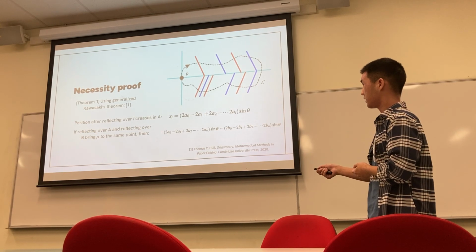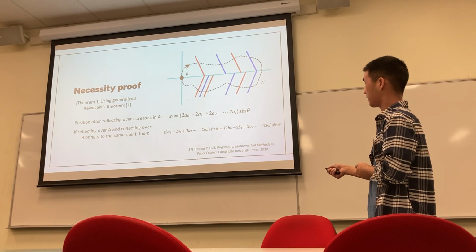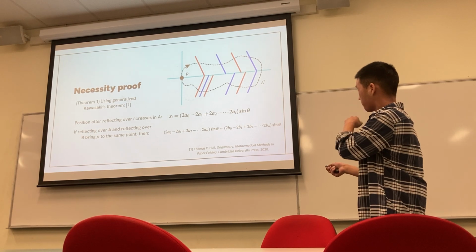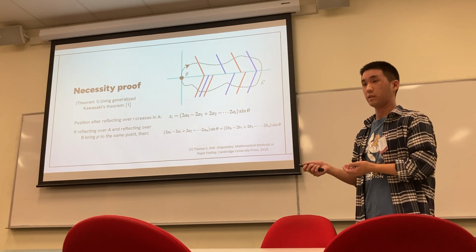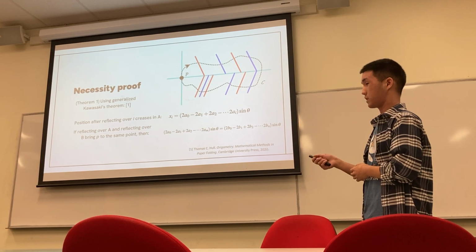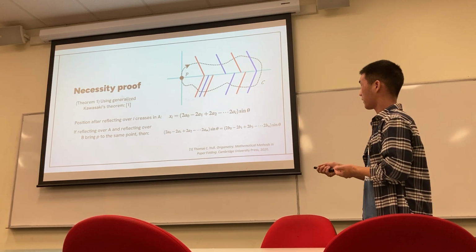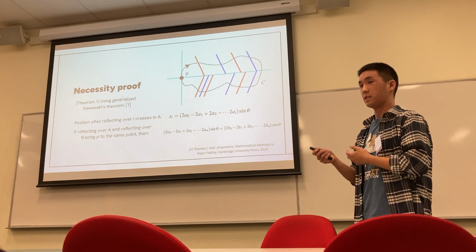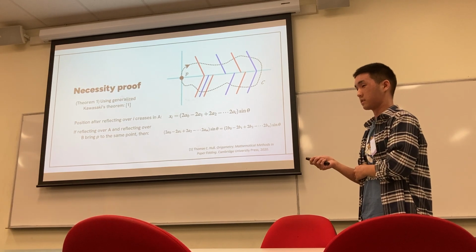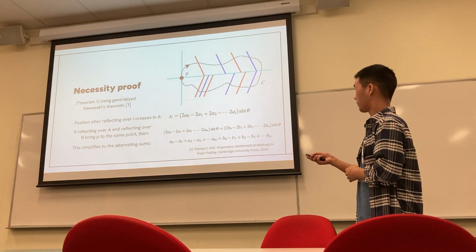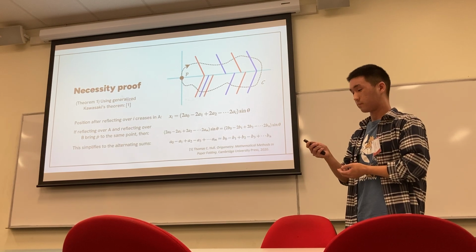And if you look closely, you'll see that the alternating sum is in this equation. So basically, the generalized Kawasaki's theorem is equivalent to the alternating sum condition for this setup. Therefore, if the alternating sum condition is not true, then generalized Kawasaki's theorem is not true, and a flat-foldable transition does not exist. Therefore, the alternating sum condition is necessary.